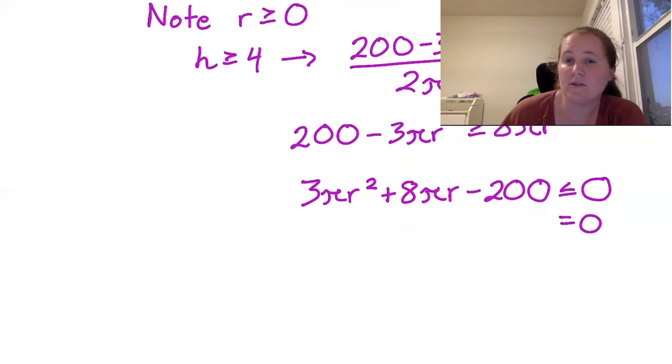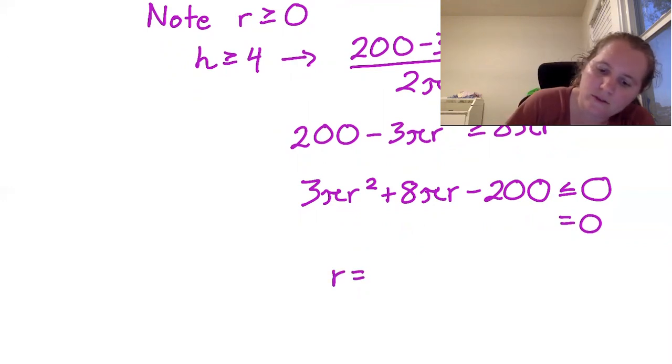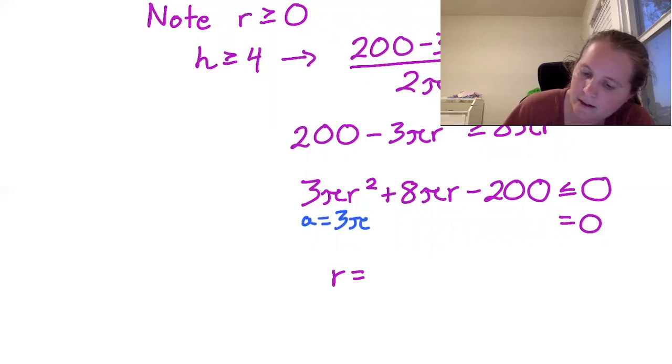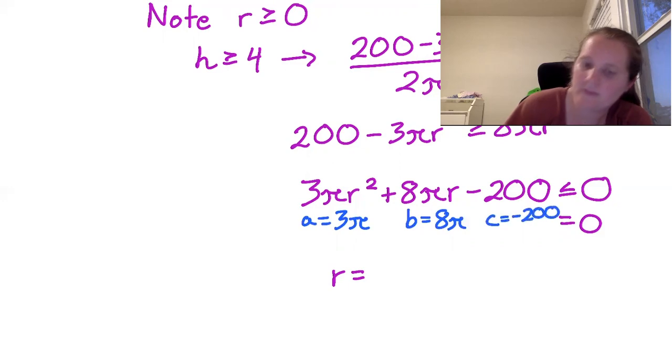using, I'm just going to use the quadratic equation. I'm not going to factor with pi's involved. So r would be equal to, we're using the quadratic formula. A is equal to 3 pi, B is equal to 8 pi, and C is equal to negative 200.